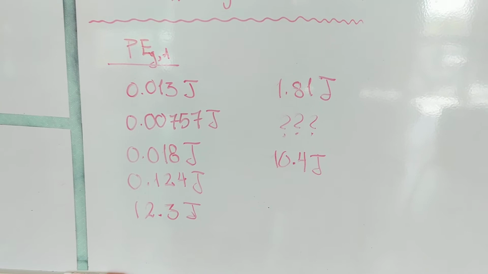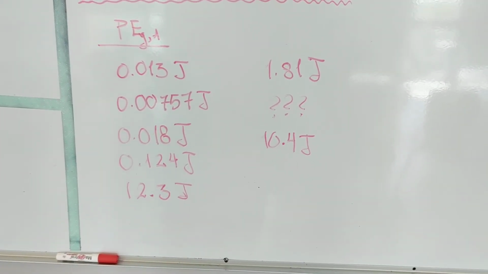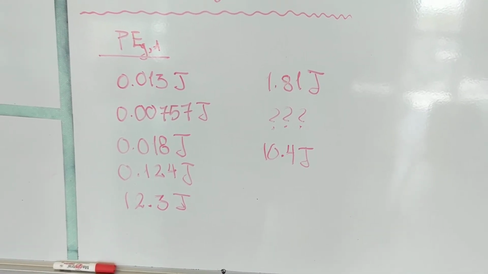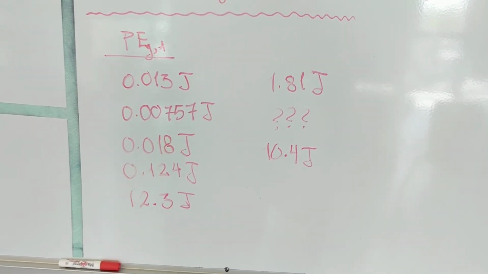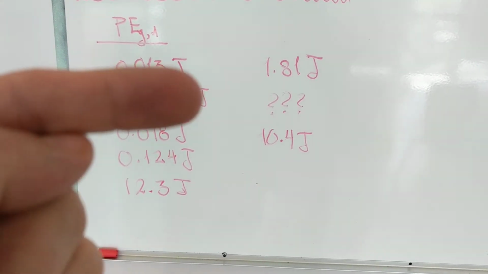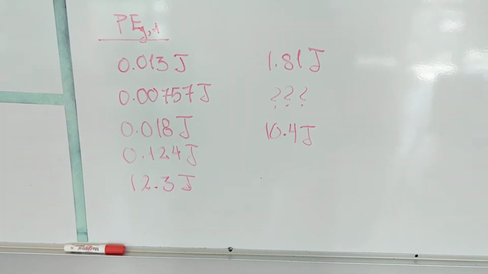So clearly, and notice also that your calculations are distributed between all of these. They go from hundredths to tenths to 1 to 2 joules to like 10 to 12 joules.